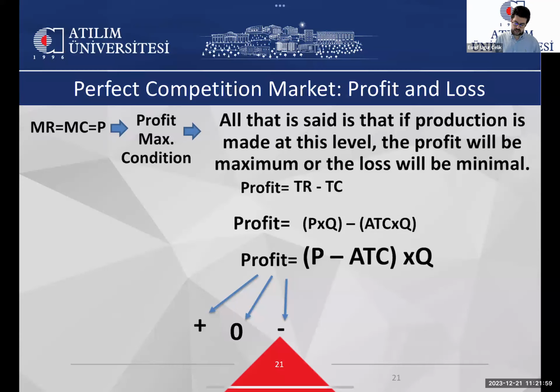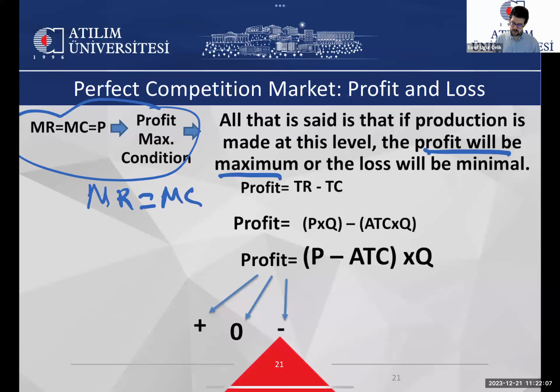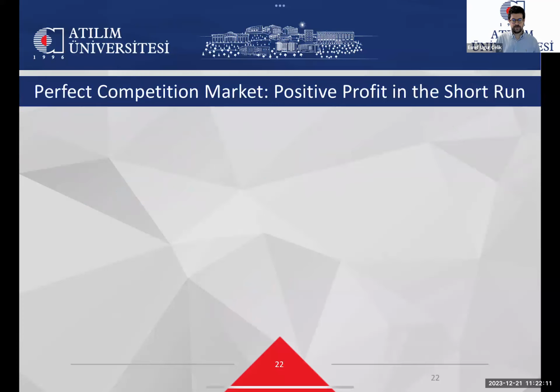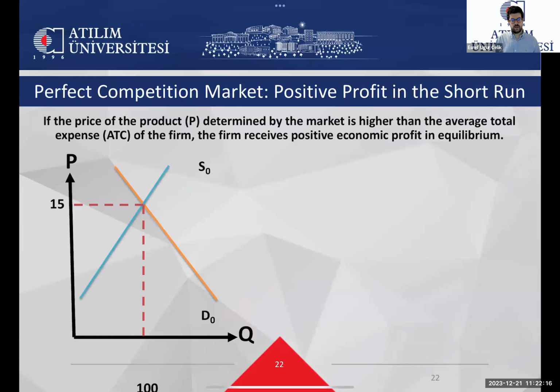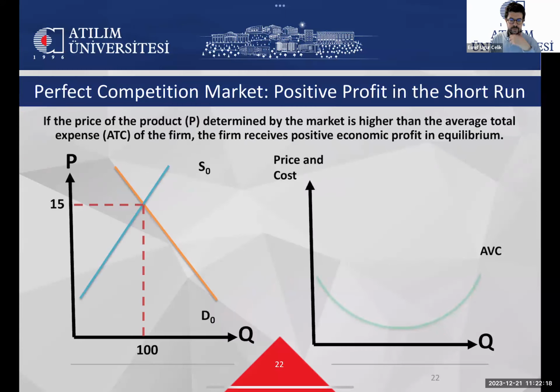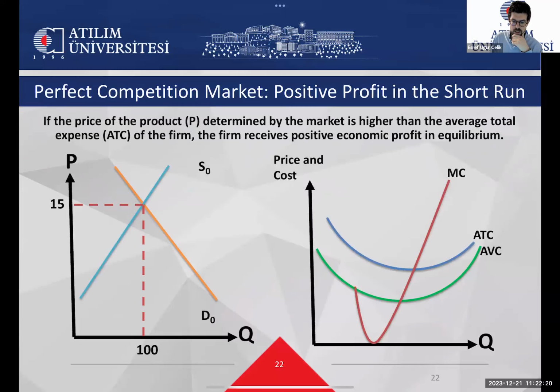And the condition marginal revenue equals marginal cost shows profit will be maximum or loss will be minimum. These are the examples. Okay, let's do it together.